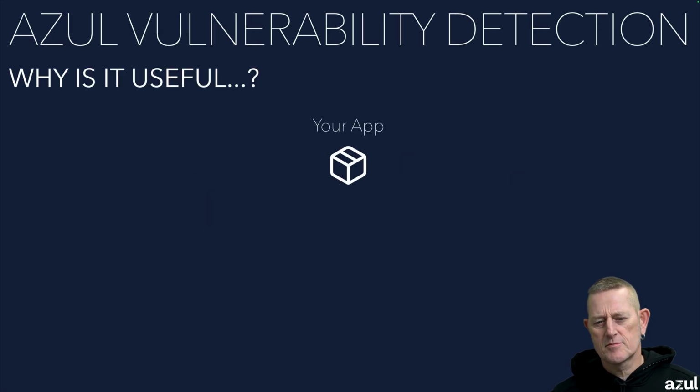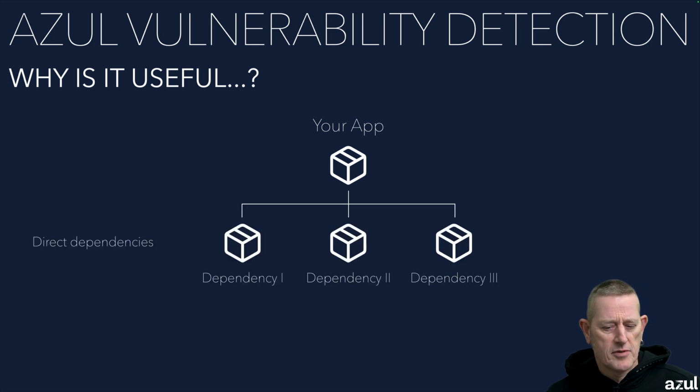Let me explain why it is useful to use a security scanner in general. First of all, this is your application, and usually your application has direct dependencies, right? These direct dependencies are visible to you because you have them in your build file. In the Maven build file or in the Gradle build script, you have something like dependencies, and then you see, okay, I'm depending on Spring Boot, Log4j, whatever.